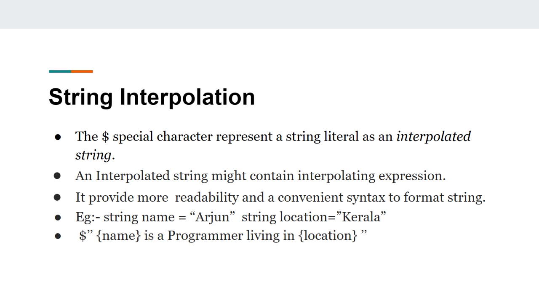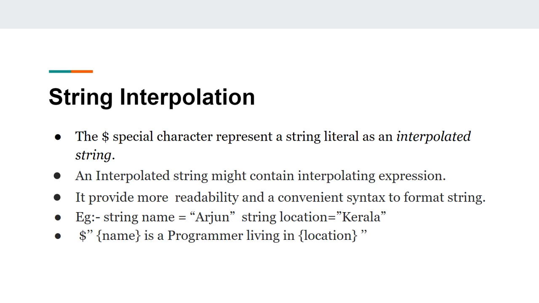The name will hold the value Arjun and the location will hold the value Kerala. To enclose variables in the string, we use curly braces, and inside that we use the name of the variable. So this will give a final output: Arjun is a programmer living in Kerala.